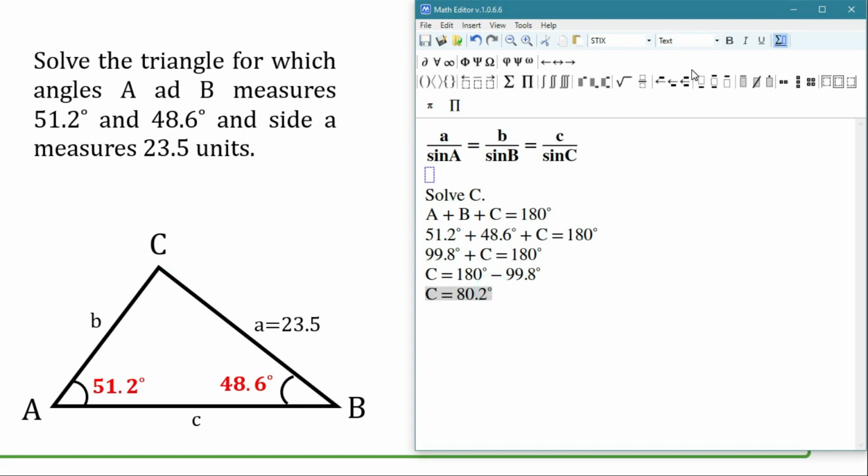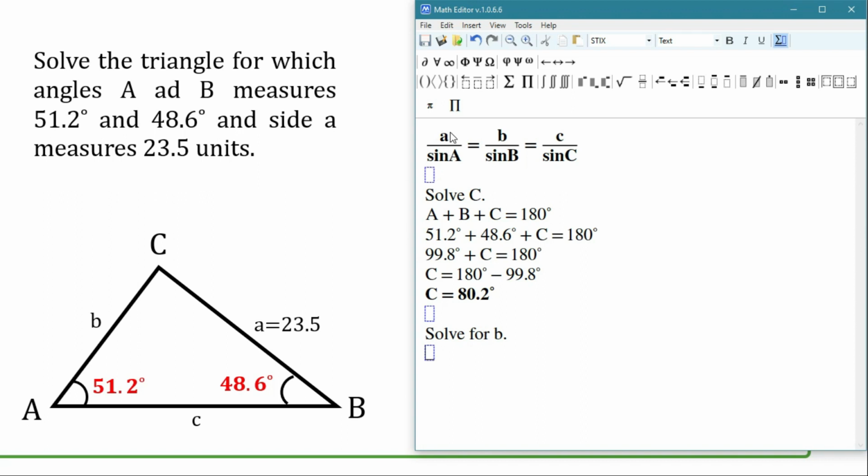Alright. There you go. Next is for us to solve for side B. So to solve for side B, that will be small case b, we need to extract at least a concept from our law.